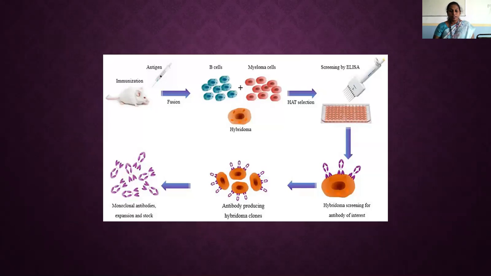This picture represents the hybridoma technology. It involves the immunization of a rat with a specific antigen, from which we can obtain the B cells and fuse them with myeloma cells to produce the hybridoma cell. The produced hybridoma cells can be selected using the HAT selection, from which we can specifically separate out the hybridoma cells and screen them for the antibody of interest.